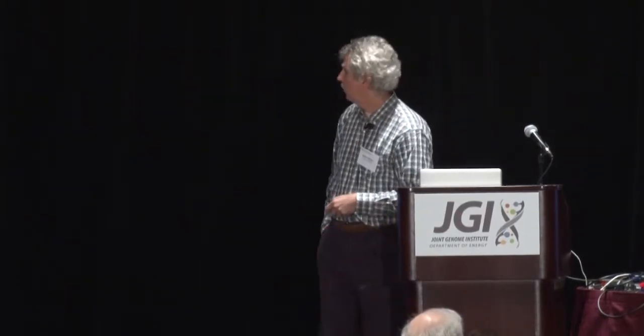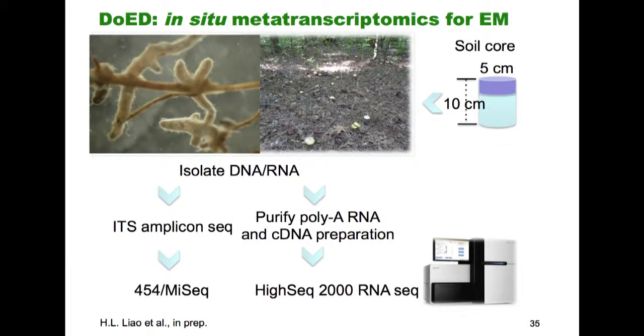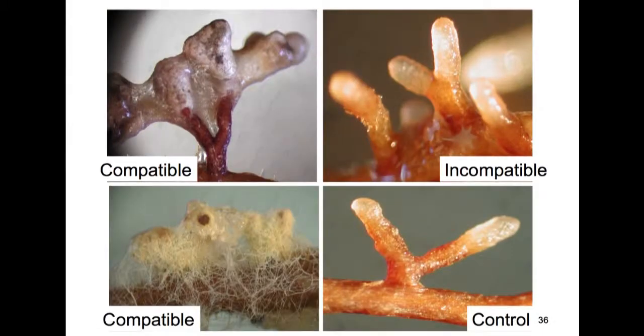And we've used this system to study their metatranscriptome and identify fungal genes associated with ectomycorrhizal symbiosis. So typically what we do is we collect either pine roots or soil, isolate RNA and DNA, and then we characterize the transcriptome using Illumina RNA-seq.